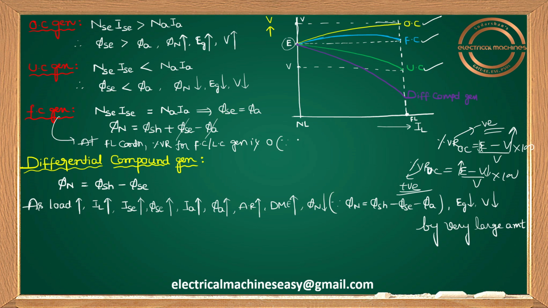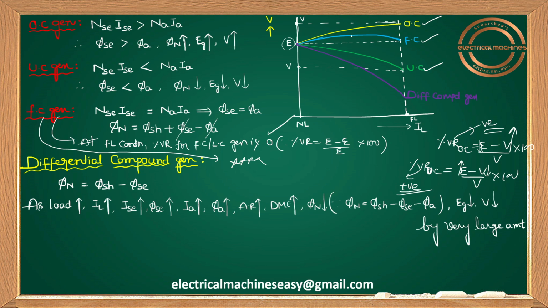You know the formula: no load voltage is E, and full load voltage, once again, is E only. So E minus E, divided by E, into 100 gives 0 only. That's the reason. And guys, if they ask at full load condition, your answer is 0, no doubt in that.